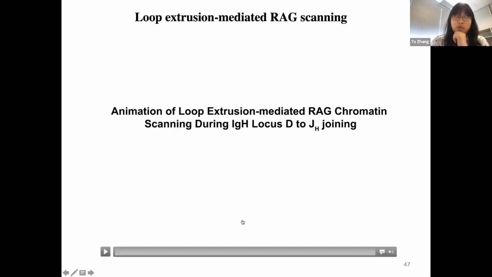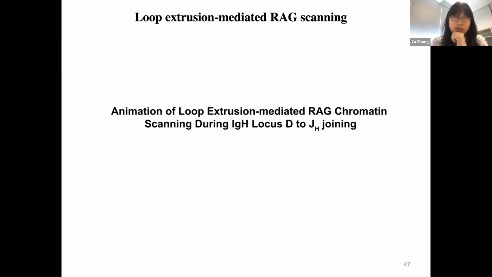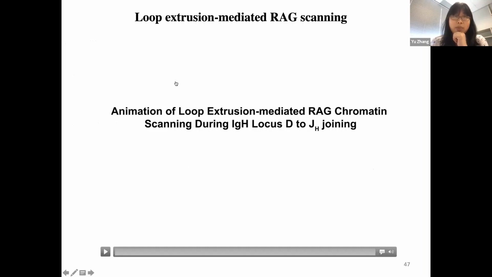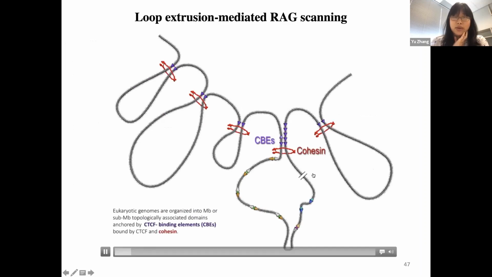So here I'm going to quickly show you an illustration video to illustrate the process of loop extrusion mediated RAG scanning using D2J recombination as example. So here's the DJ domain that has the Ds and the Js here.